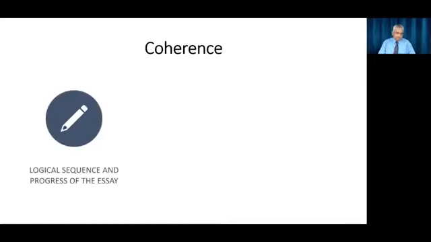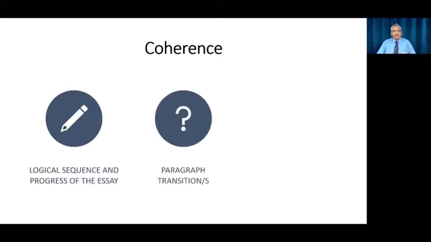Coherence, first of all, is the logical sequence and progress of the essay. How do the ideas logically follow each other? That is the question. Is there a logical sequence being followed in the progression of the paragraphs? How do the paragraphs transition? How are the paragraphs connected?